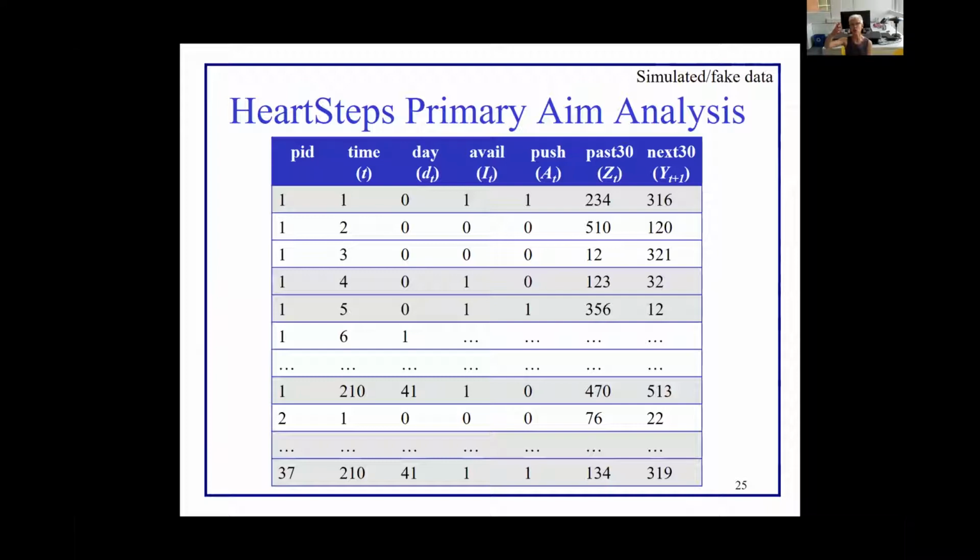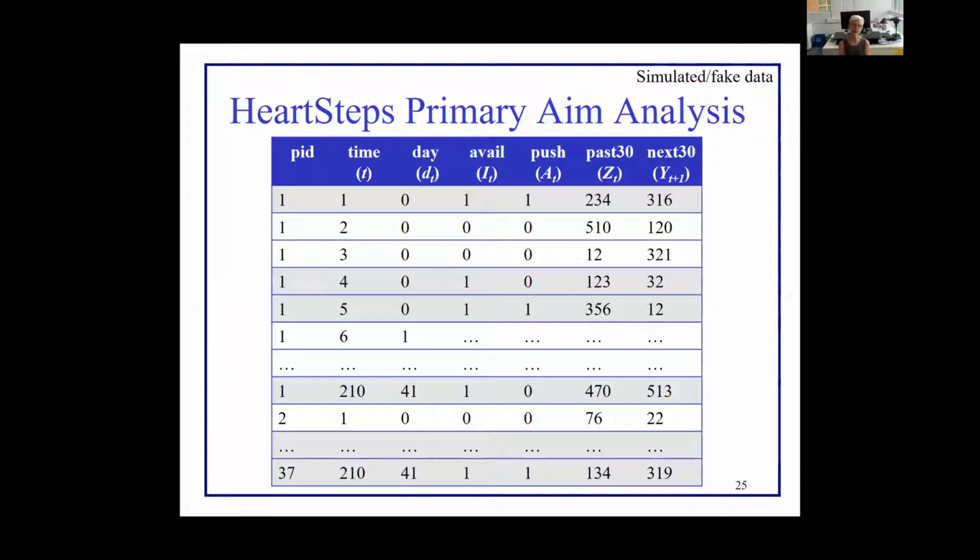And then at each one of those decision times, we know before we even randomize whether or not they're available. In this little fake data diagram, we see that on the first day, the morning for the first person, they were available at that time. That's the 4th column. The 1 indicates availability.